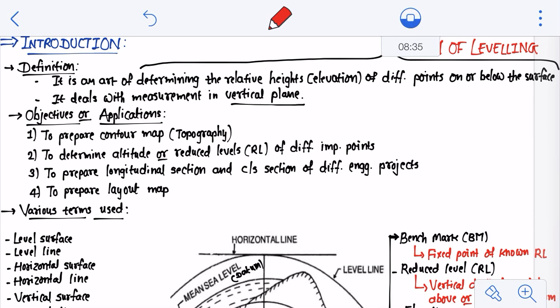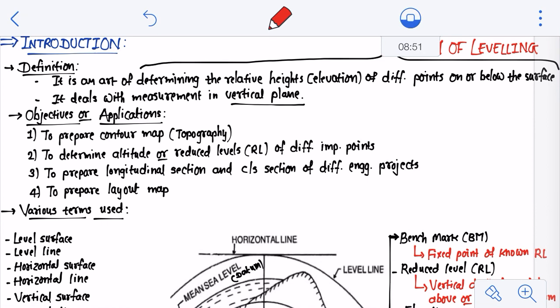So that's how it will work. And the second objective says that here you are given the elevations and you are simply establishing a point at that particular given elevation, or it may be at a different elevation, and that is your second objective, right?